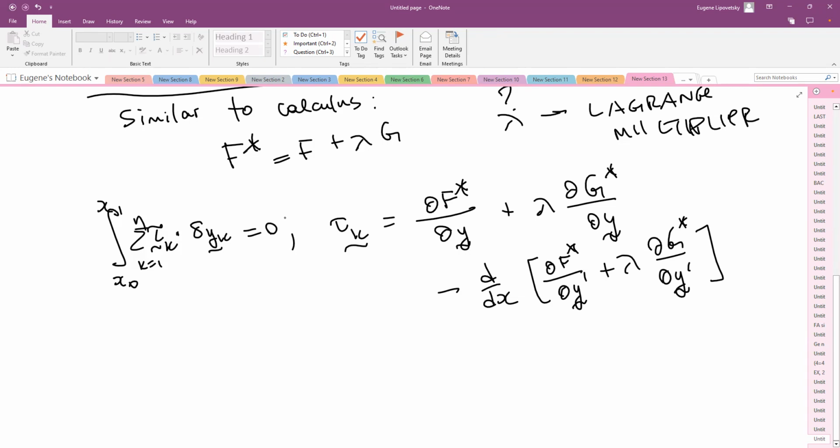But not all of them are independent. Here is how we can handle it. For example, for k equals n, solve for lambda.